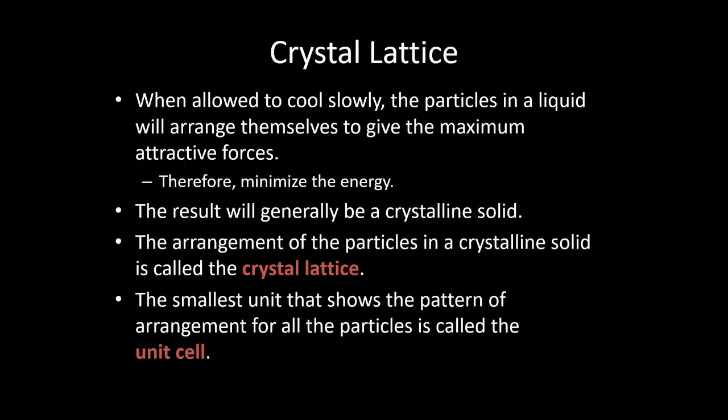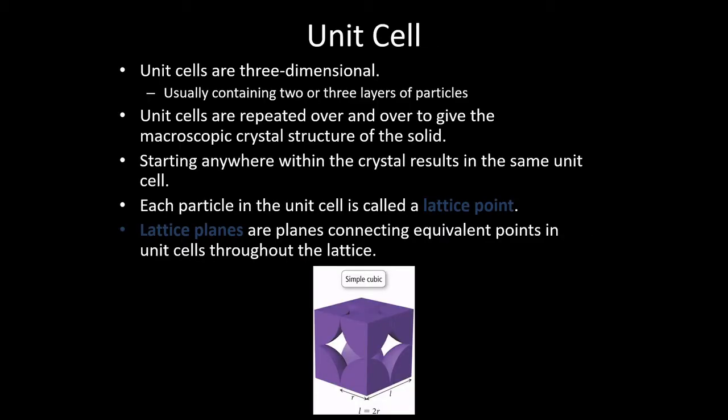So what you're looking at with that X-ray crystallographer is you're really trying to figure out what we call the crystal lattice, or the unit cell of the crystal lattice. And what a unit cell is, it's just the smallest unit that shows the entire pattern of the material.